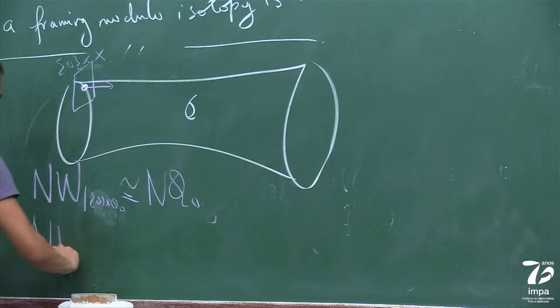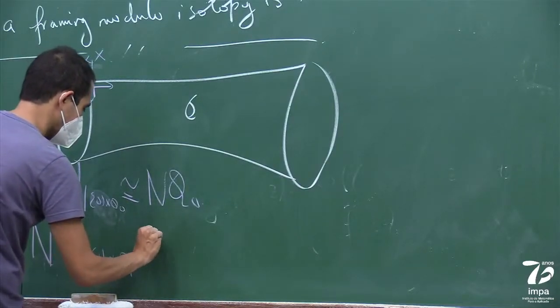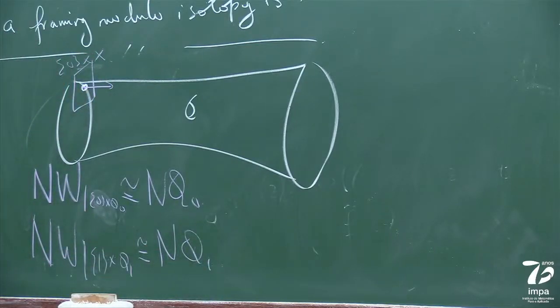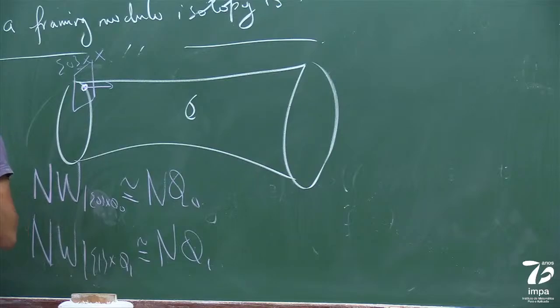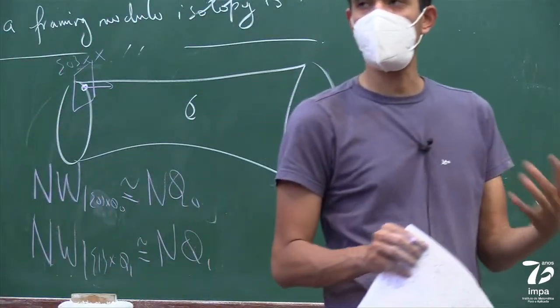And the normal bundle of W restricted to 1 times Q1 is isomorphic to the normal bundle of Q1. Okay, so that means it makes sense to ask whether there's a cobordism that has a framing that coincides with given framings on this guy and on that guy. And if that's the case, then we say that the cobordism is framed. So it's a framed cobordism.